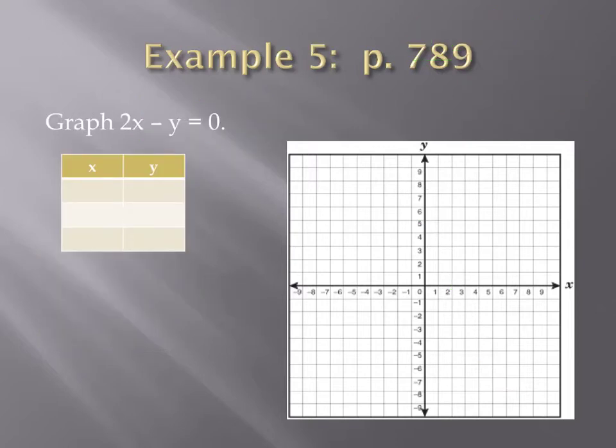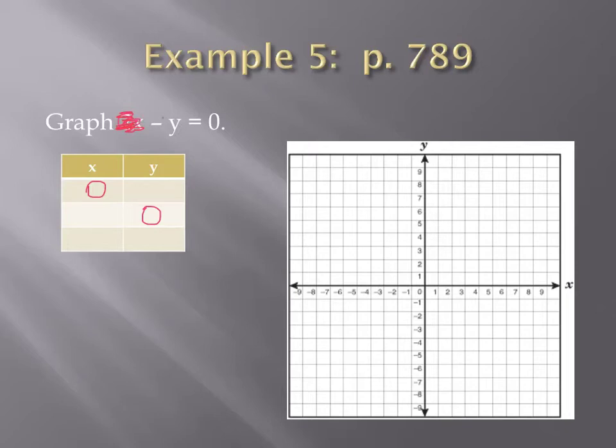Example 5, graph 2x minus y equals 0. So it doesn't say that you have to graph by the intercepts, but I usually like to at least start with my intercepts. So if I put 0 for x, then that means that 2x is 0, so I have negative y equals 0.